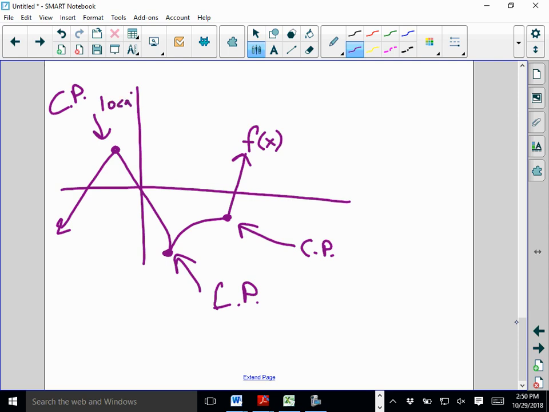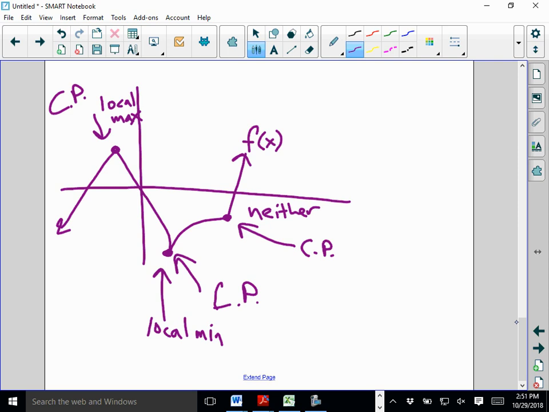This critical point would be a local min, because it's the lowest in its area. This critical point is neither a local max nor a local min. So our places where f prime is undefined can still create local maxes and mins, because they're still critical points. And critical points have to be one of the 3 following things: a local max, a local min, or neither.